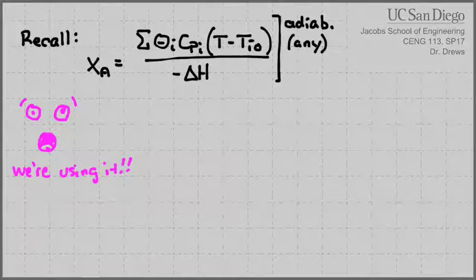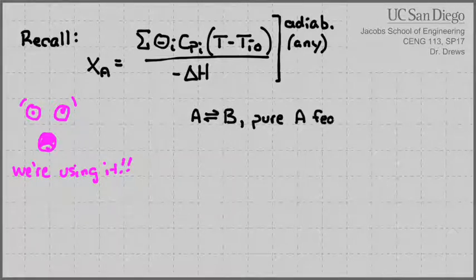We can do something else if we know a little bit about the reaction. So if we wrote something like A goes to B, reversible, with pure A fed. This is just to make our math easier so that we can see a simple example.